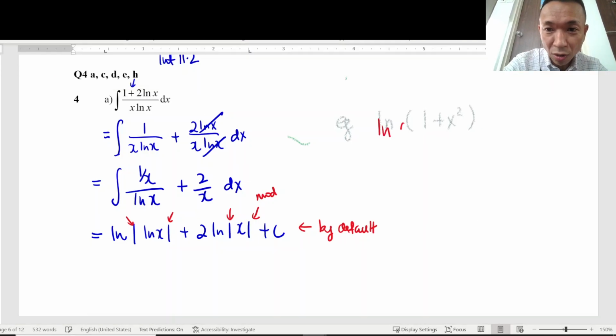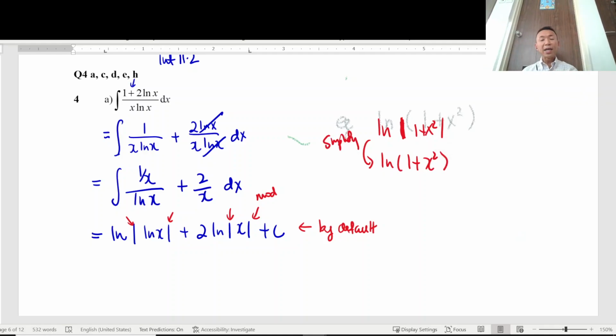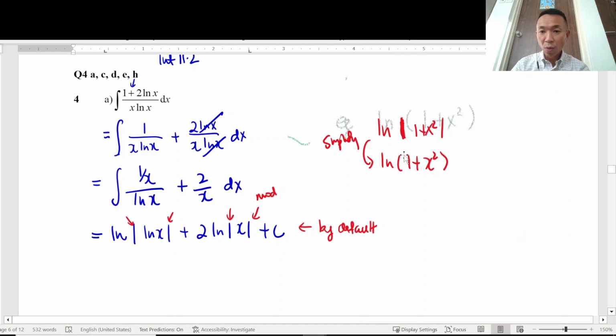If the answer is ln 1 plus x squared with a mod, you would simplify it to ln of 1 plus x squared with a bracket. You must simplify. Why? Because 1 plus x squared is always positive. So you start off here first, then you write this. Whenever you have any expression with a ln, you start with mod first, then question yourself, is the expression in the mod always positive?